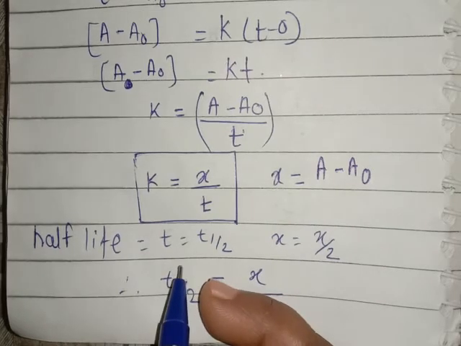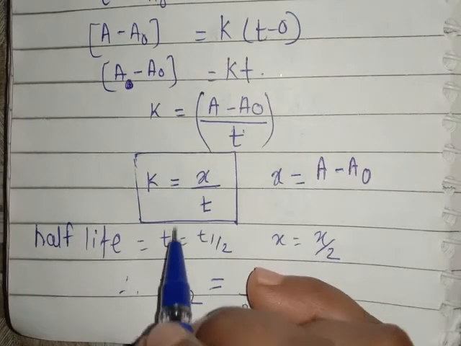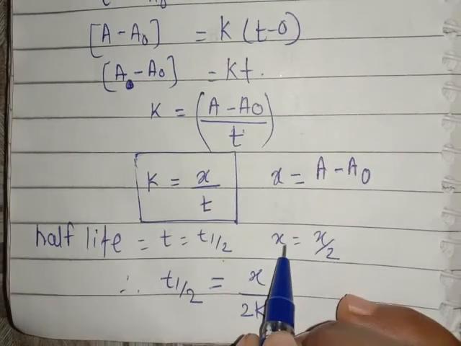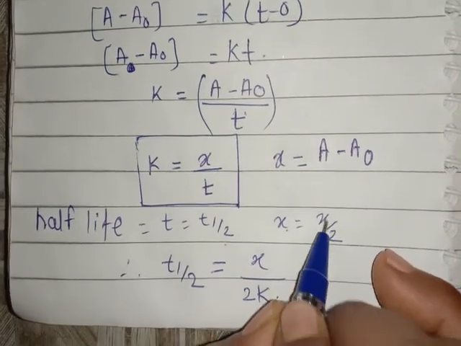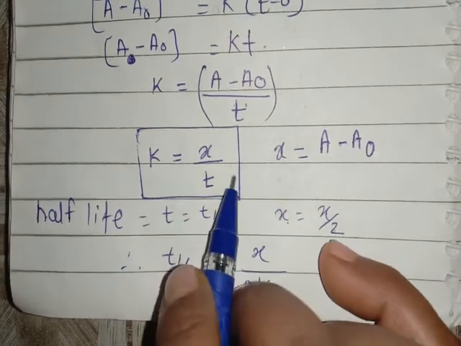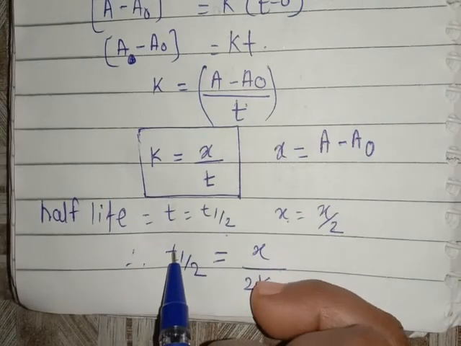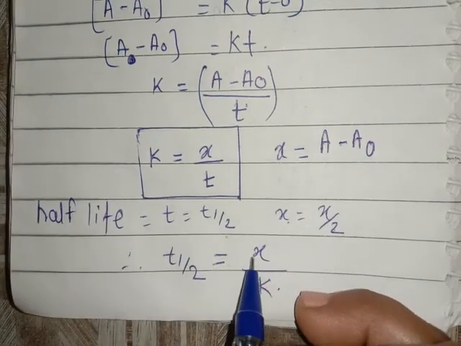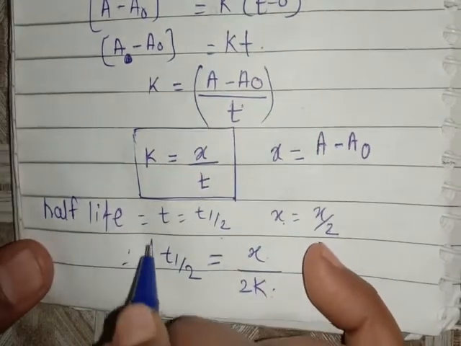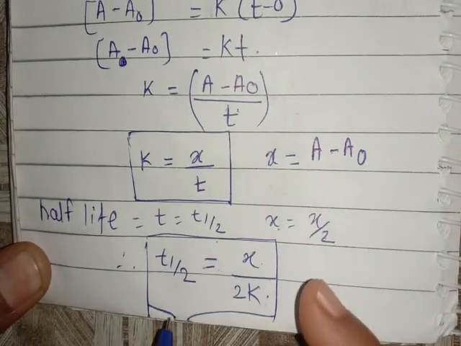So the half-life time for the zero order reaction can be determined as we take t equal to t half and the concentration X equal to X by 2. Therefore, by putting these values in the above equation, we have t half is equal to X upon 2K. That is the half-life period of zero order reactions.